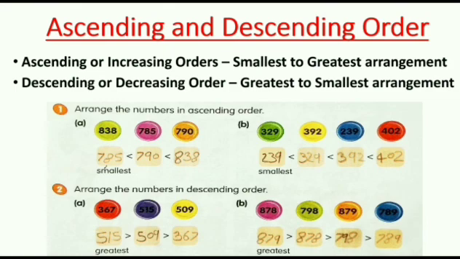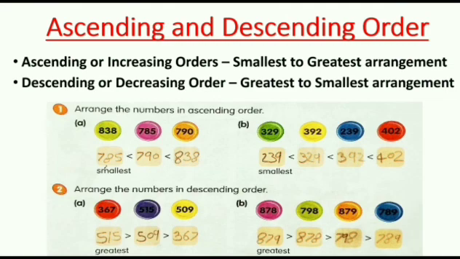In another example, we will discuss descending order, that is 367, 515 and 509. First we will compare the hundreds place. 515 and 509 are the greatest and 367 is the smallest. But among the greatest, we also have to compare the tens place.